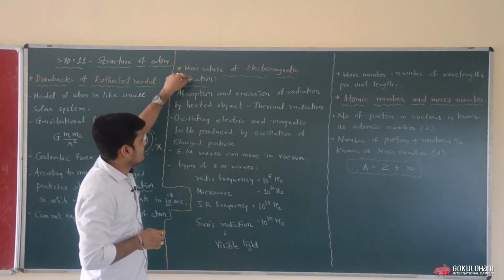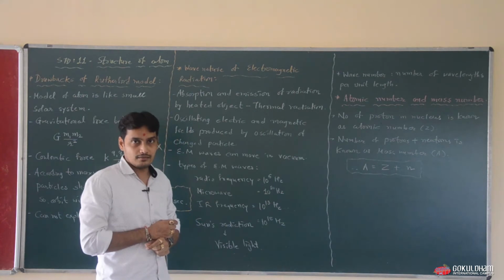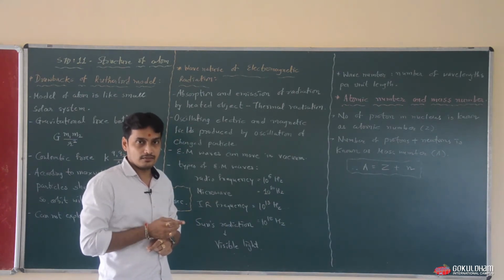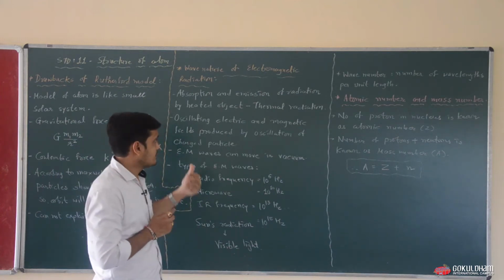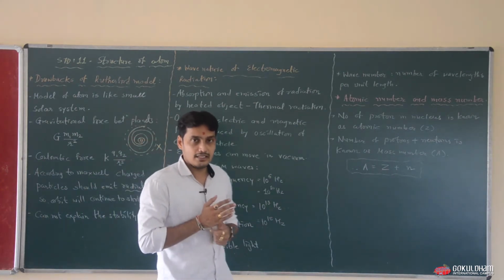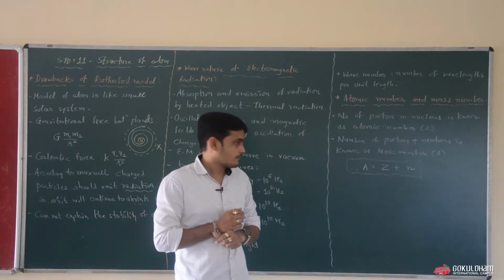Now these electromagnetic radiations have dual nature. Dual nature means the first is wave nature and the second is particle nature. In these electromagnetic waves, the electric field and the magnetic field are perpendicular to each other.